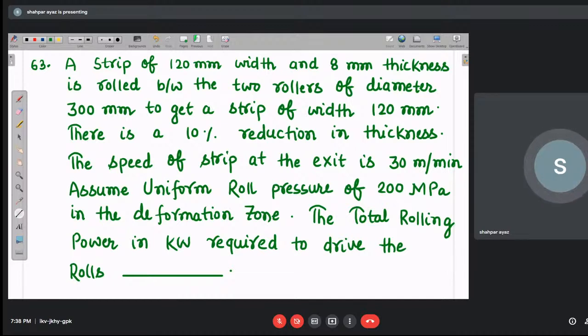I am stuck with omega. Yes, so we can calculate the RPM with the help of Vn, the velocity of the billet at the neutral plane. By using that, you can calculate, guys.